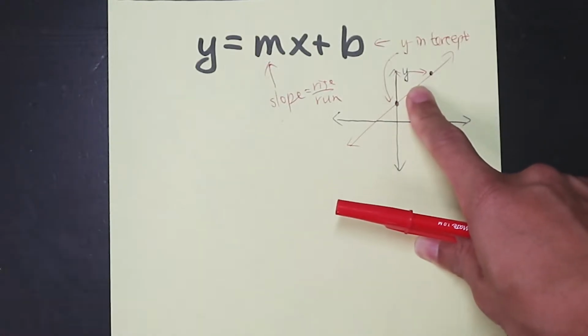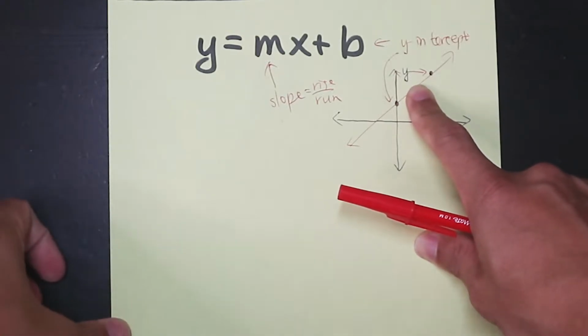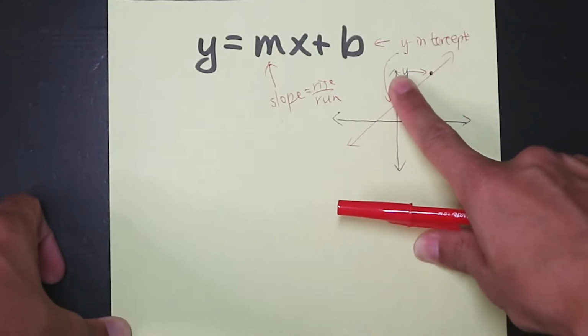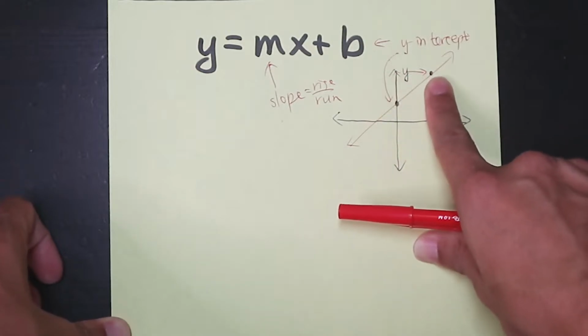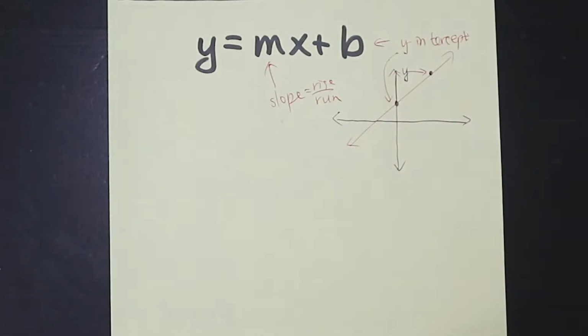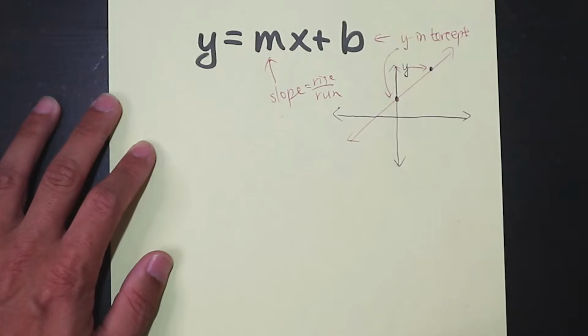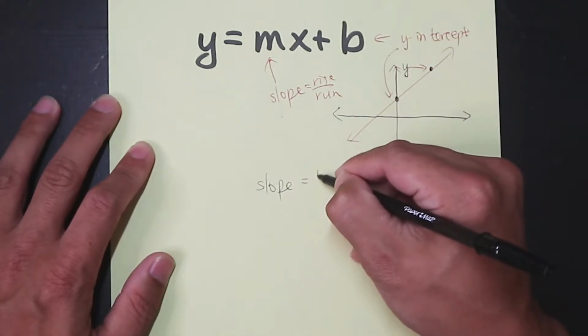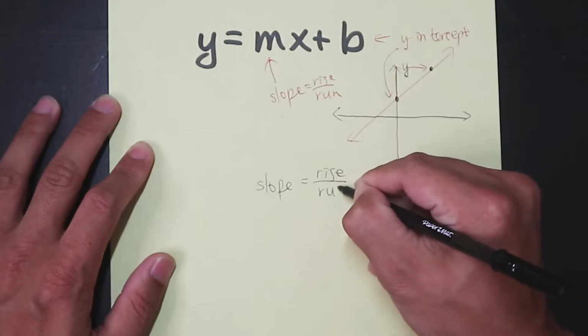And that's one way back in the days for you to calculate the value of the slope of this line, by counting how many times it goes up and down over how many times it goes left and right. And remember, the slope is usually a fraction. It's rise over run, right?